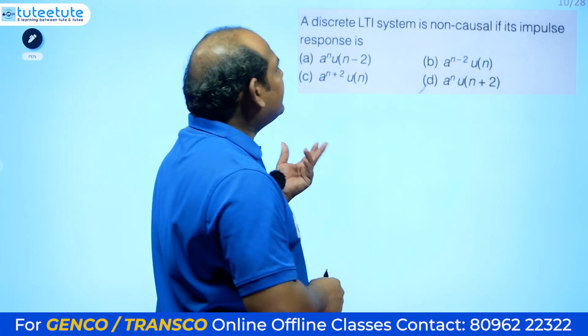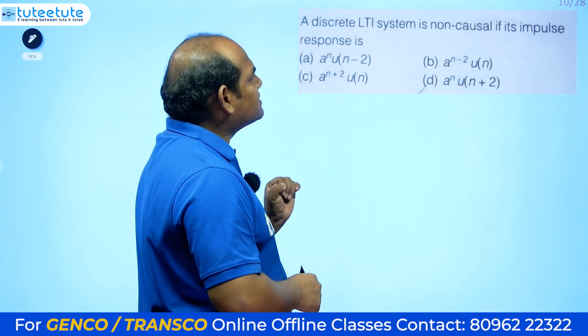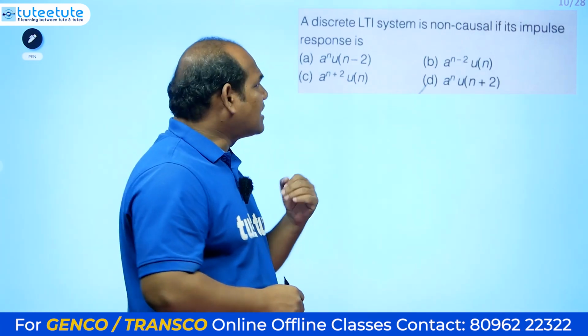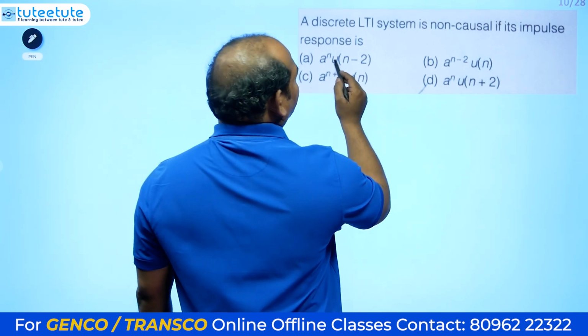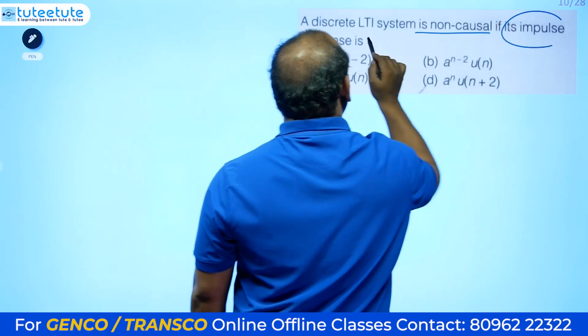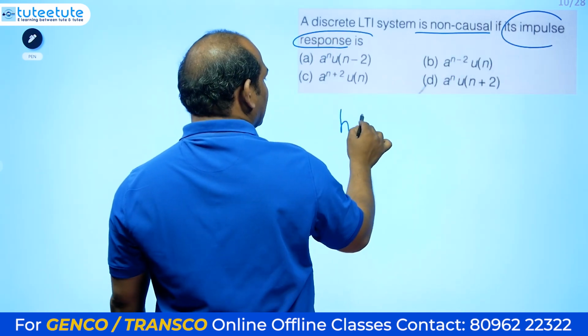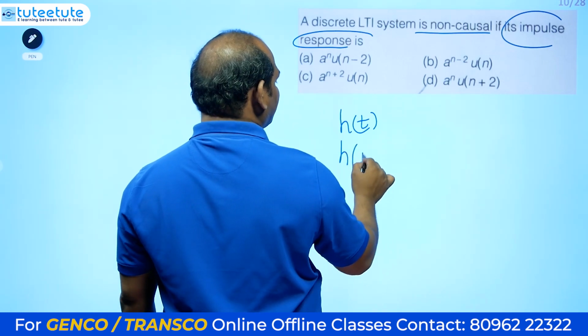Then, a discrete LTI system is non-causal if its impulse response is... they are telling about non-causality. So we need to talk about the non-causality with respect to the impulse response. Because they have given it in discrete nature we can take h of n.